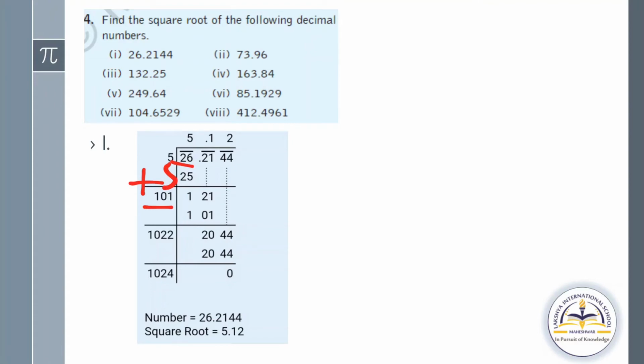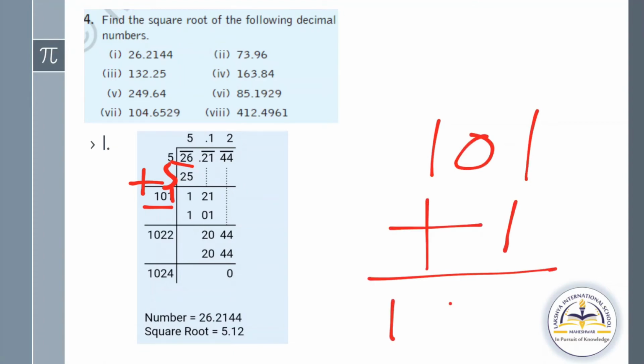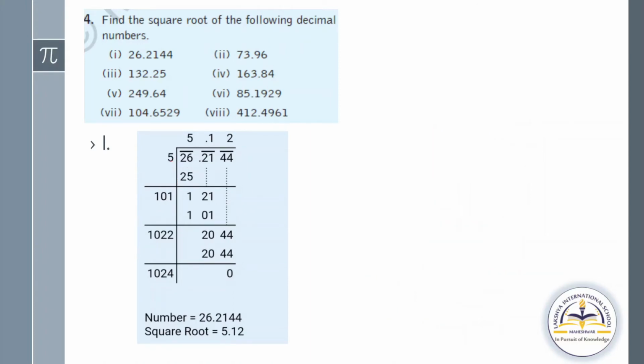Now we have to take 1 here, 101. We have written 102 here. Now when we subtract 121 minus 101, we will get 20. Okay, now again we have to take a new pair, that is 44.